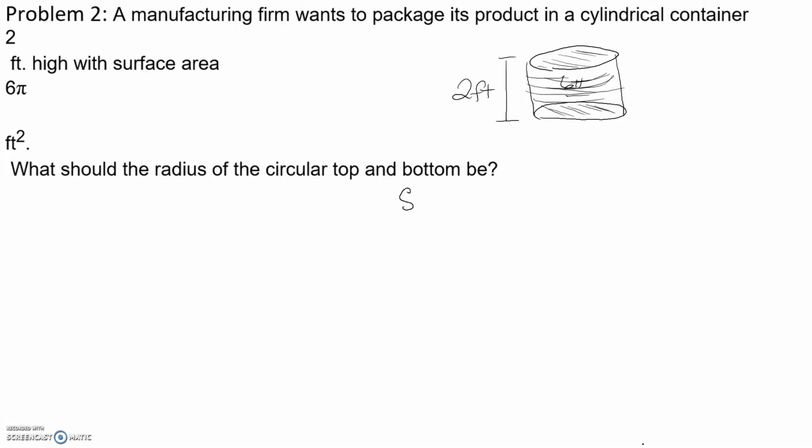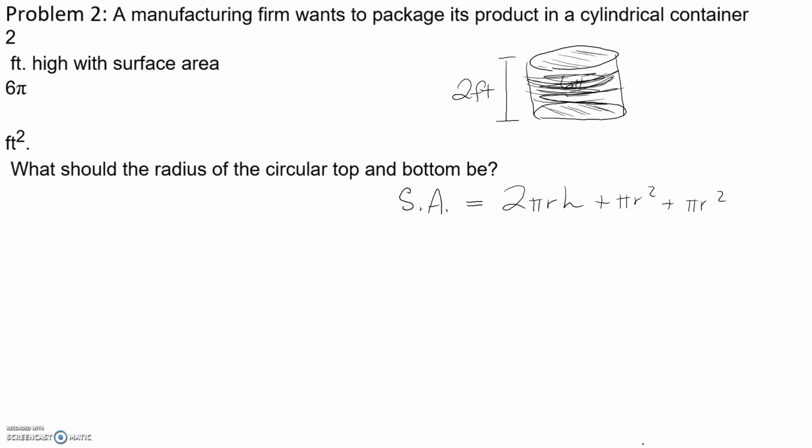So we need to figure out a surface area formula. For this region here that's coming across, that's going to be 2 pi r h. But then you also have the top, and then you also have the bottom, and those are circles, so those are just pi r squared.